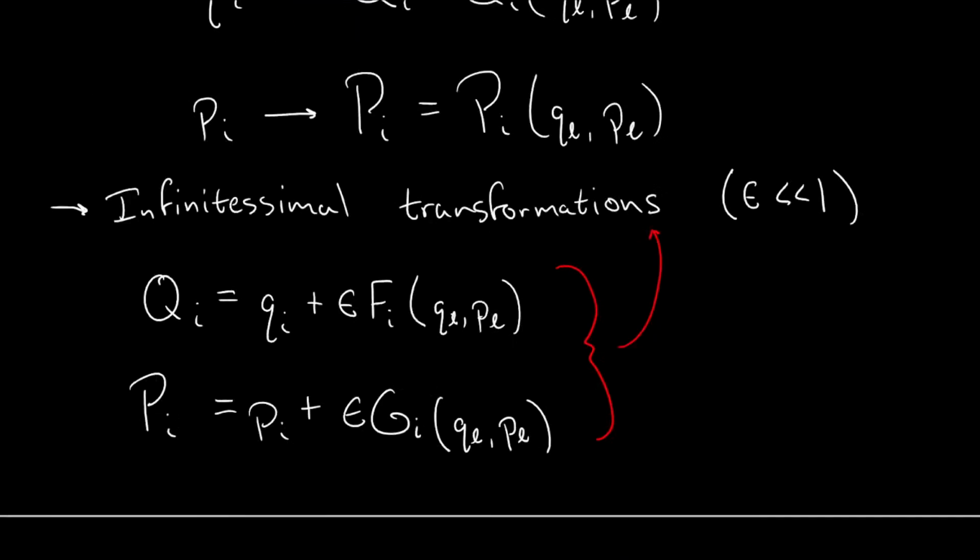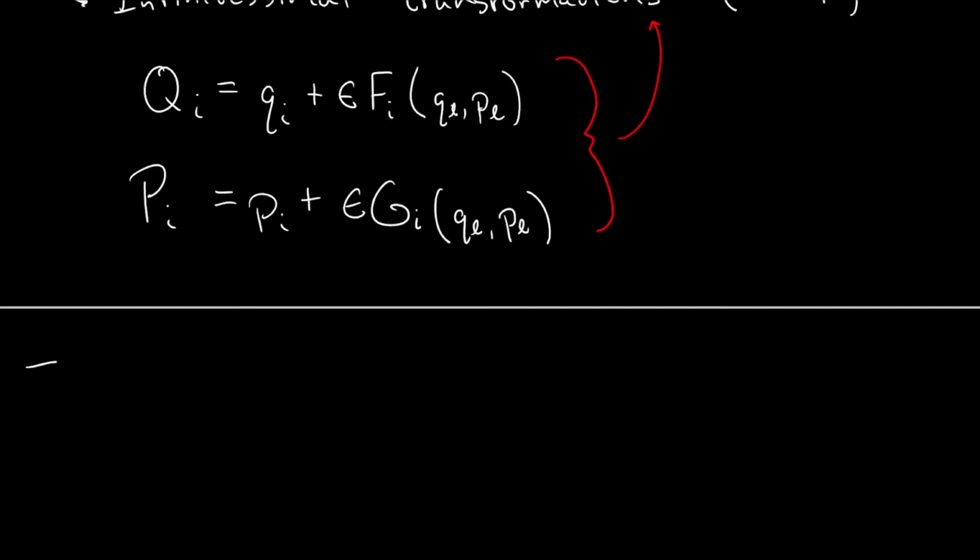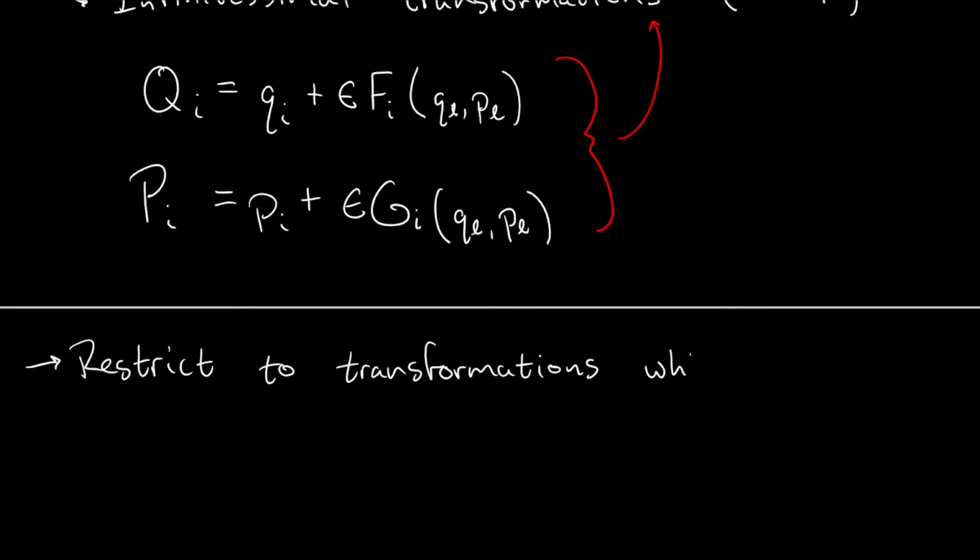So we'll restrict ourselves to transformations which leave the equations of motion, we say, form invariant. Just meaning that it's not going to change what the equations look like. I'm just going to be substituting my new coordinates for my old coordinates.